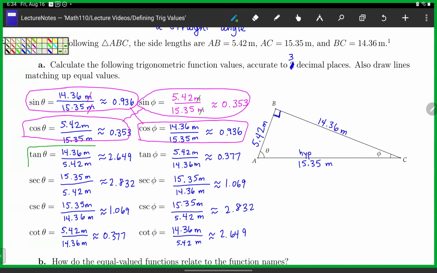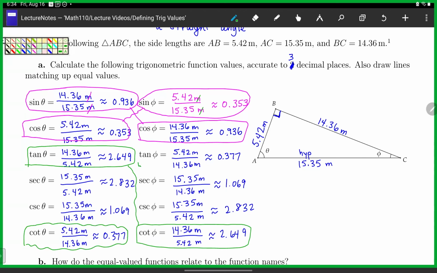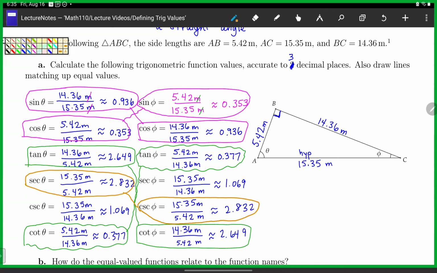We have tangent of theta should be the same as cotangent of phi. And the cotangent of theta is the same as the tangent of phi. And we have the secant of theta is the same as the cosecant of phi.